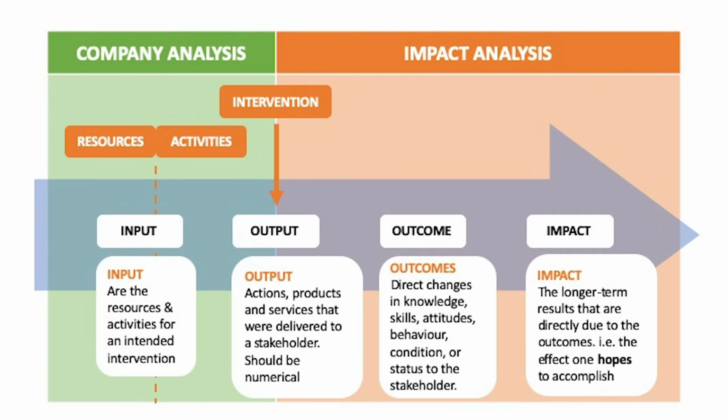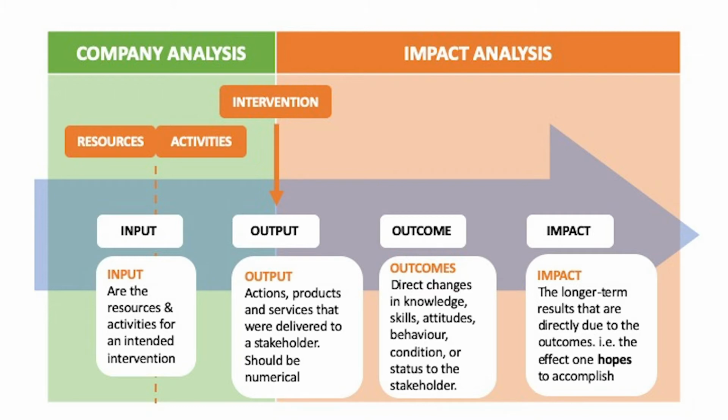Impact consists of the shorter and longer term results that are directly due to the outcomes of the program. Now, to get this right, the results must be evaluated to factor out other explanations for these results. In other words, is it really your intervention that caused this impact, or were there other reasons external to your actions that may have caused the impact?